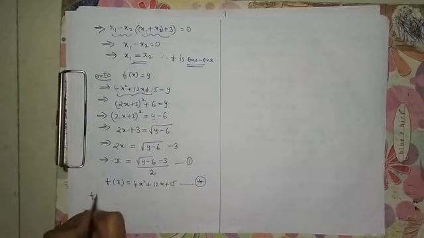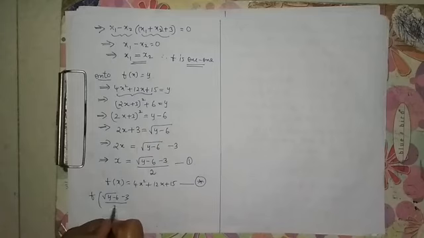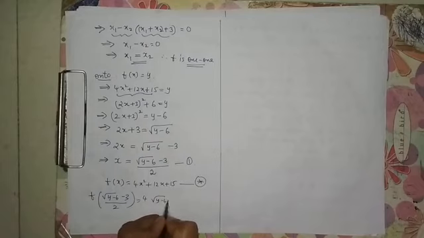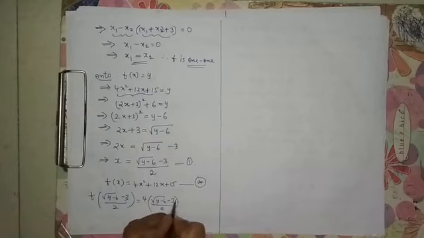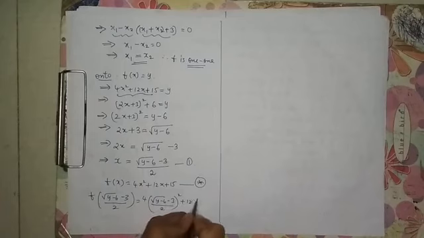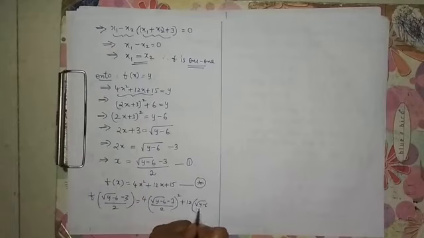So that will be f of x in the place, square root of y minus 6 minus 3 divided by 2, that is equal to 4. Again in the place of x, (square root of y minus 6 minus 3 divided by 2) whole square plus 12. Again in the place of x, square root of y minus 6 minus 3 divided by 2.